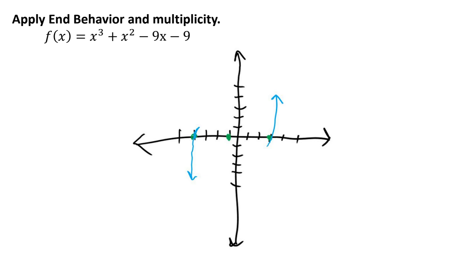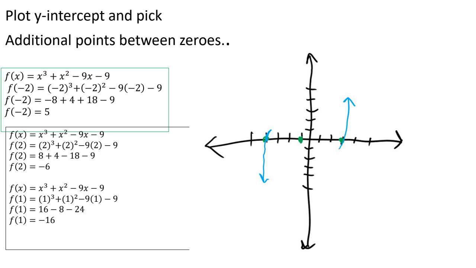So this is where the additional points will come in handy. I want to pick values between -3 and -1 to see what's happening in the graph in here. And then I also want to pick values between -1 and 3 to see what happens. And this is why I picked these values. I picked -2, I picked 2, and I picked 1.